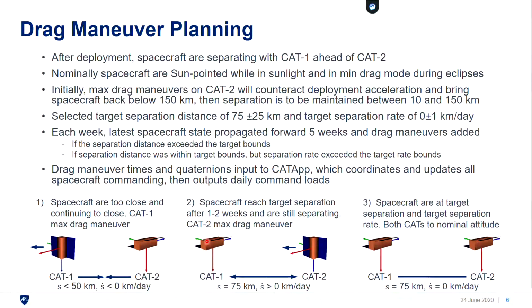Then once the spacecraft reached the target separation of 75 kilometers after 1 to 2 weeks, they're still separating, and so a max drag maneuver is added on CAT-2. And once this spacecraft separation is halted and they're at their target separation and the target separation rate, both of the CATs are returned to the nominal minimum drag attitude.